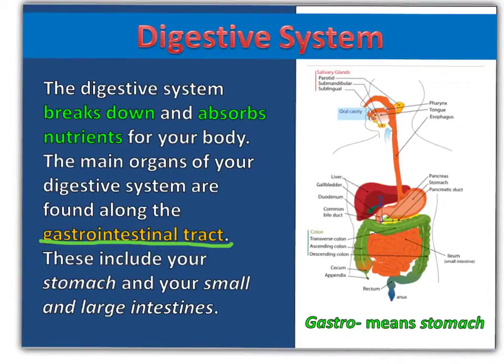What tract absorbs nutrients from the body? Your gastrointestinal tract absorbs the nutrients for your body. The prefix gastro means stomach.